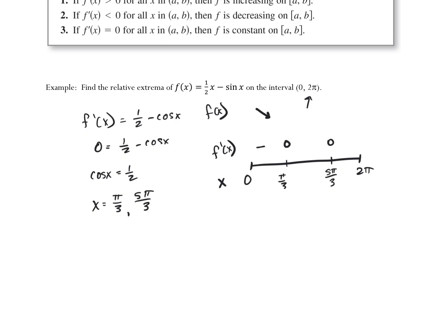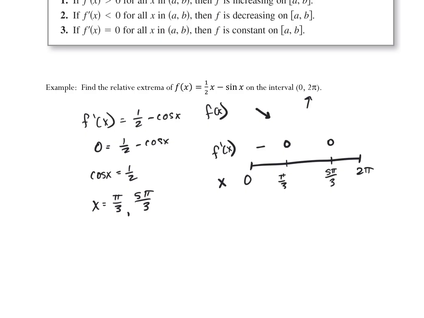We getting the basic idea here? Okay. And what's an angle in between pi over 3 and 5 pi over 3? Pi's the one I would pick. That seems significantly easier to plug into. What do we know about the cosine of pi? -1. So I'm doing 1/2 minus -1.